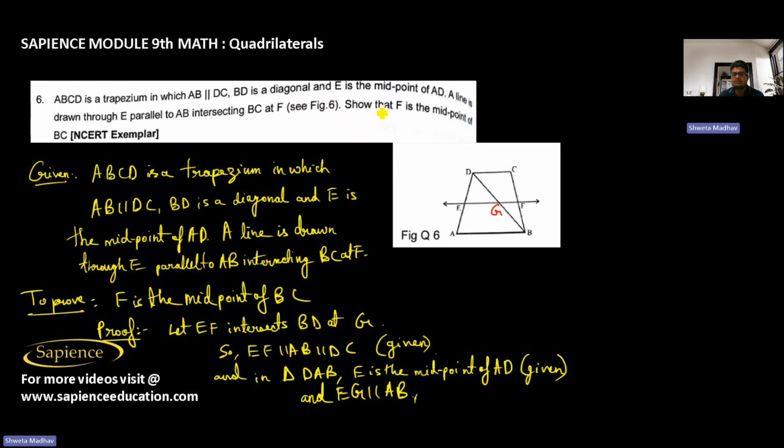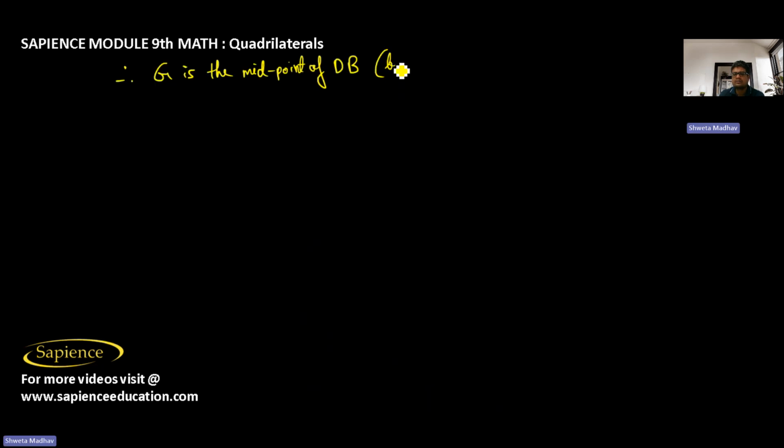So therefore, I can say that G is the midpoint of DB by using the converse of the midpoint theorem.